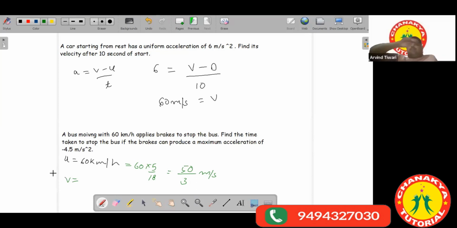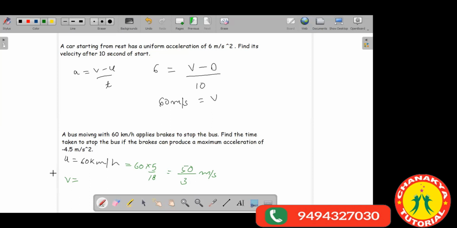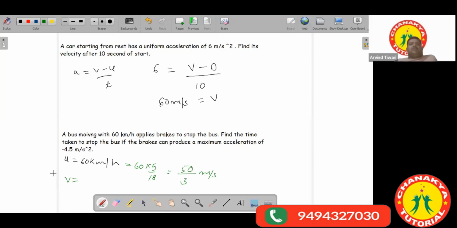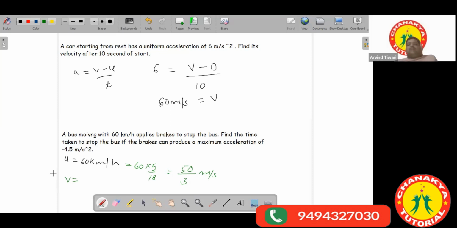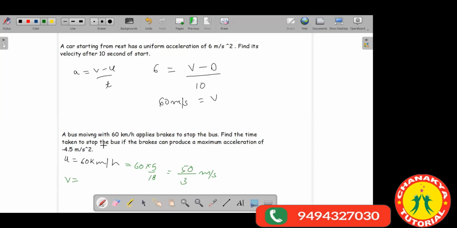Just the final velocity. See, the brakes are applied to stop the bus. Okay, and when the bus stops, what would be its velocity? Sir, minus 4.5 meter per second square. No, that is something else.